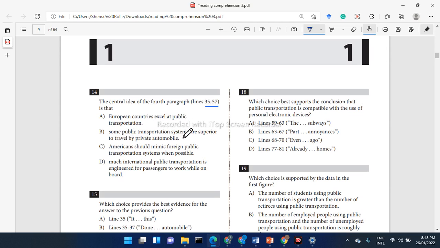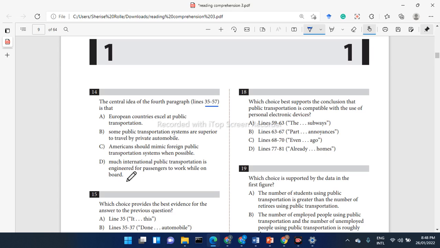B, some public transportation systems are superior to travel by private automobile. C, Americans should mimic foreign public transportation systems when possible. D, much international public transportation is engineered for passengers to work while on board.